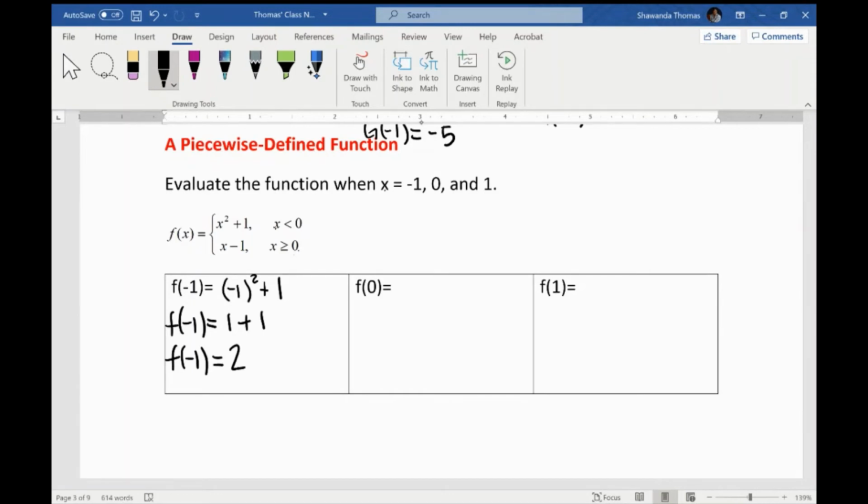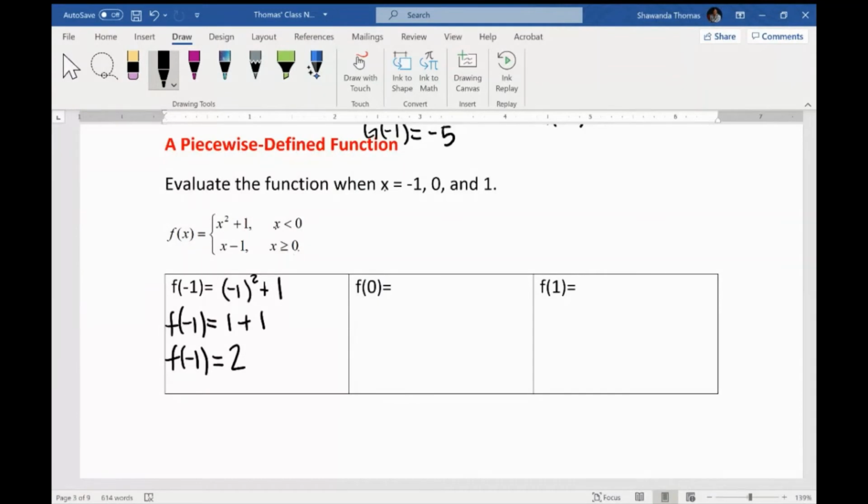They tell you what the x is, but you have to figure out which piece it satisfies: first, second, third, or fourth, depending on how many pieces are in the function. The nice thing about it is they don't ever overlap, so it's only going to be one of them.